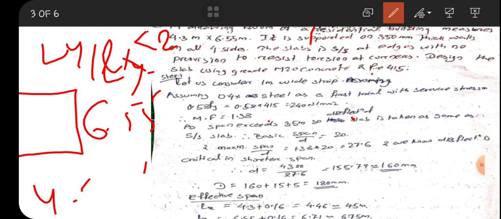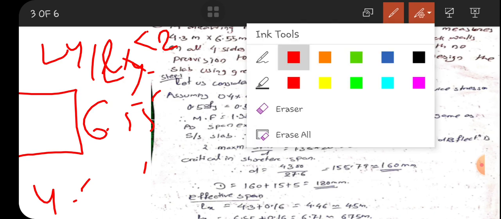Then, as the span exceeds 3.5 meter and the load given is greater than 3 kN, we will consider it as a simply supported slab, for which the basic span by D ratio is 20, and the maximum permissible span by D ratio we can calculate by multiplying with the basic span by D ratio.